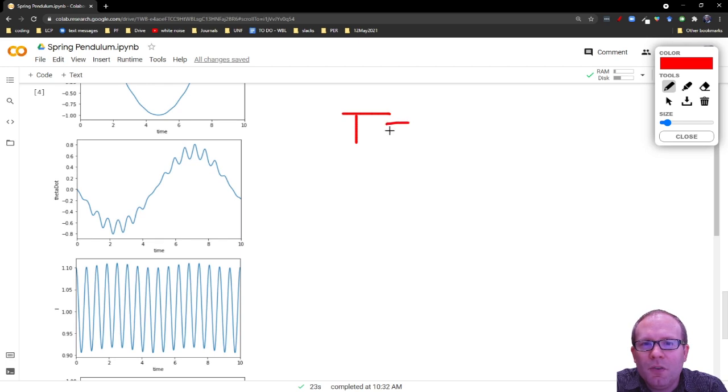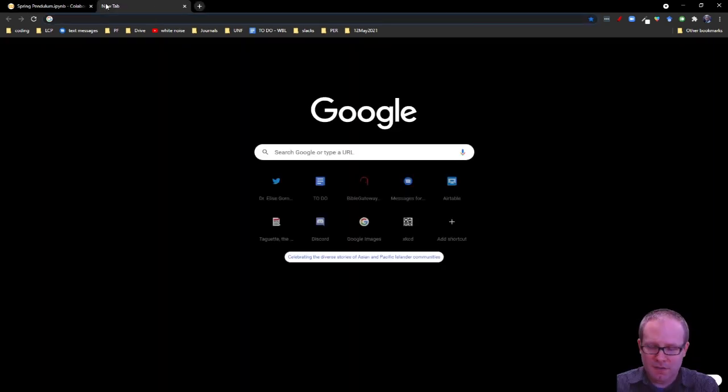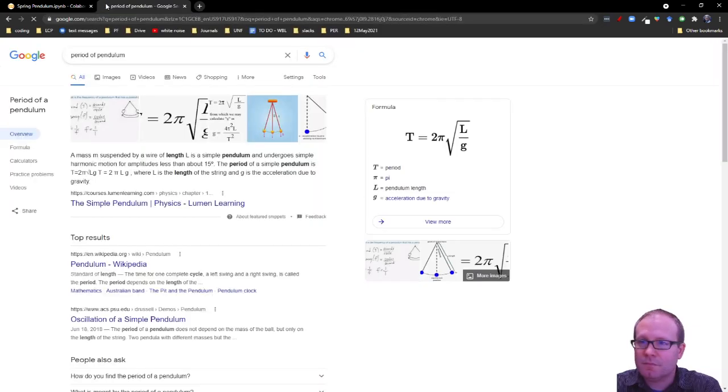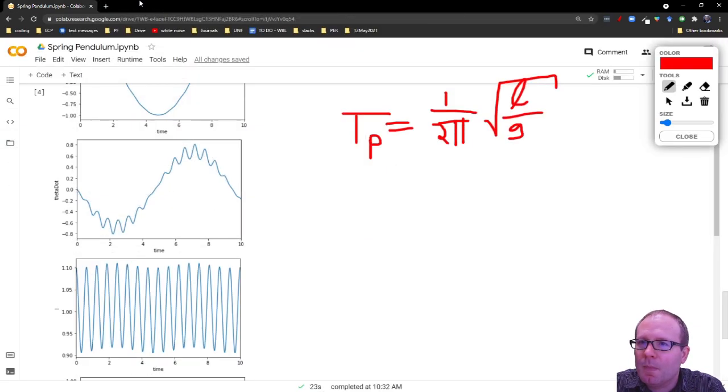So the period for the pendulum is 1 over 2 pi square root L over G. Is that right? Excuse me, that's actually 2 pi over here.